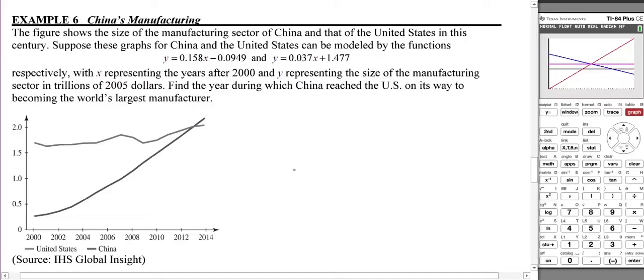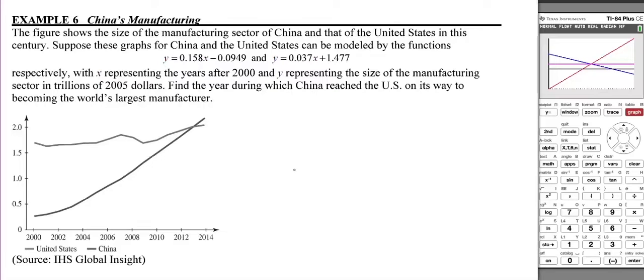X is the number of years after 2000, and Y is going to represent the size of the manufacturing sector in trillions of 2005 dollars, whatever the dollar is worth in that year.